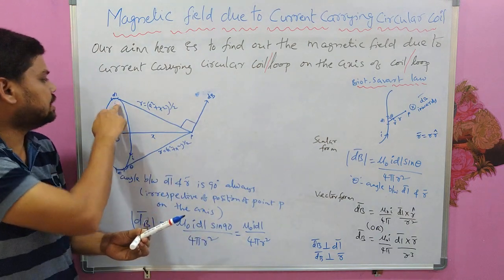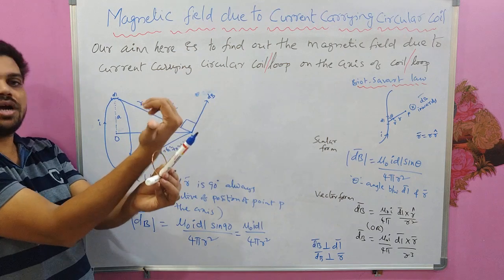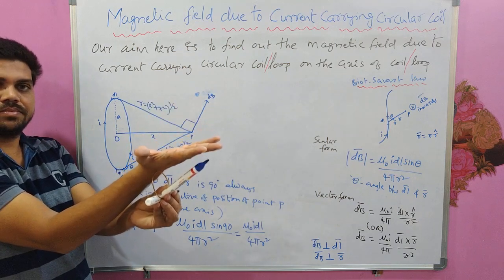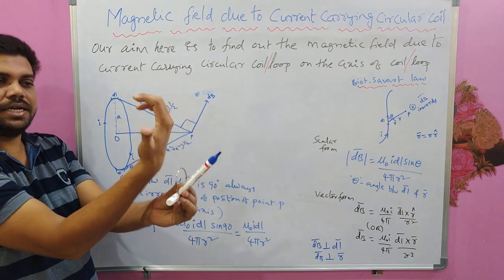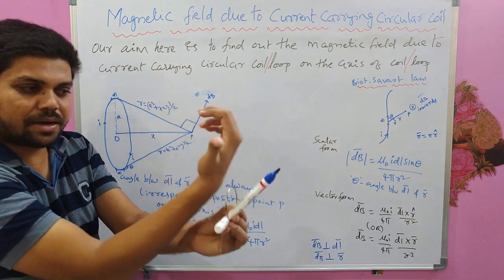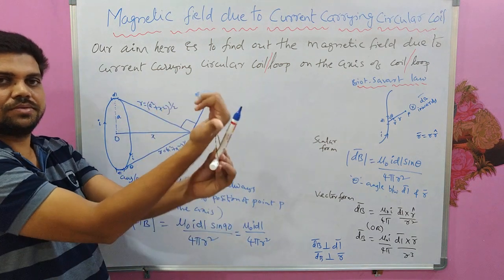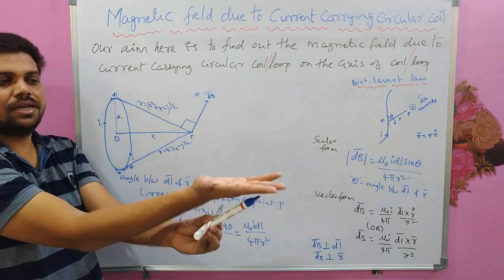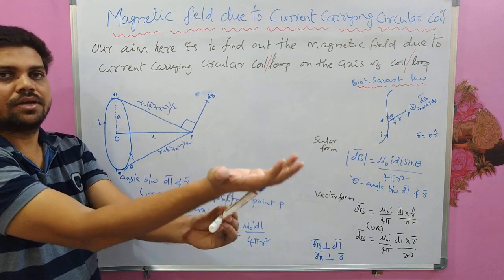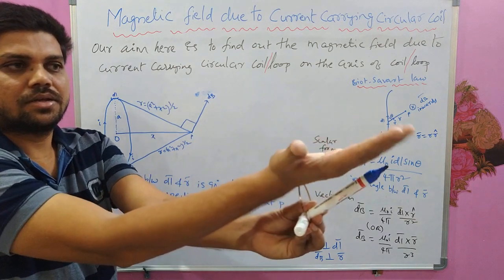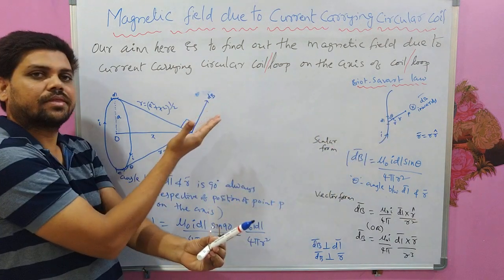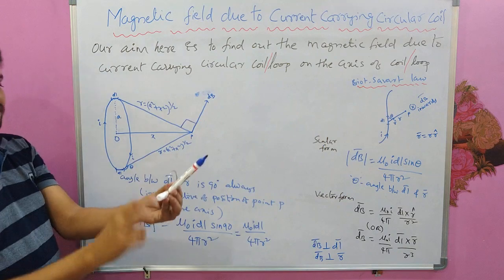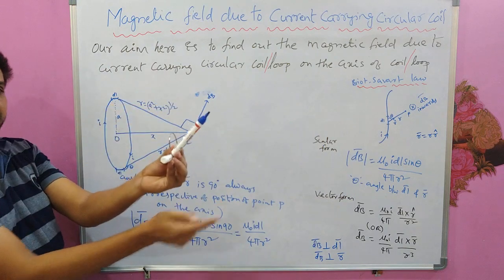The current here is going out on the top. Since the current is representing my thumb here, it is going out on the top of this coil, and the magnetic field direction is in this way. And here on the bottom of this coil, the current is going inwards.